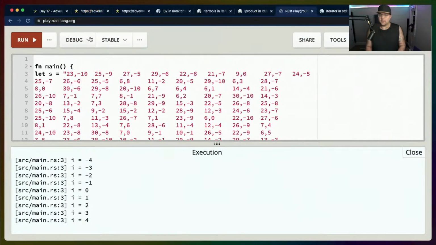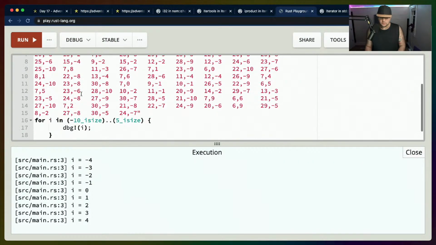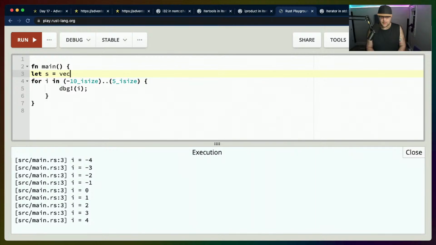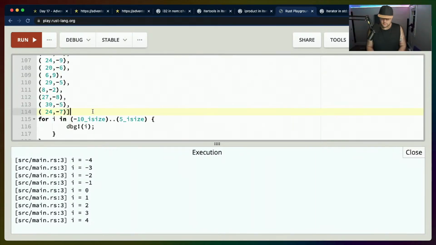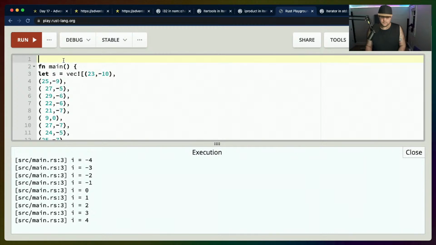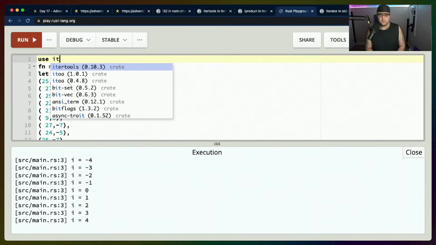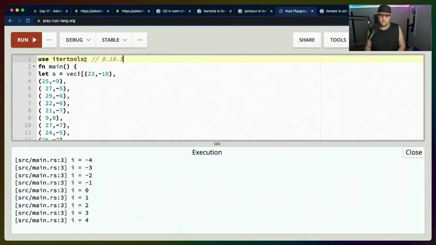Okay. So we've got all these tuples. This is just going to be a vec of the tuples. We're going to use itertools. We are going to let points equals this.